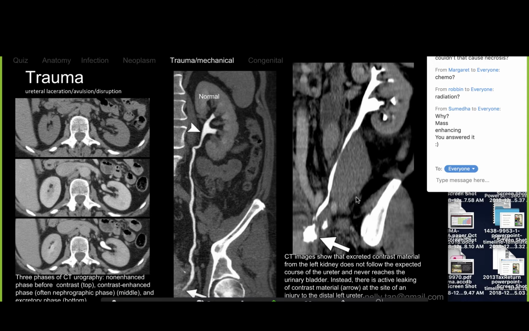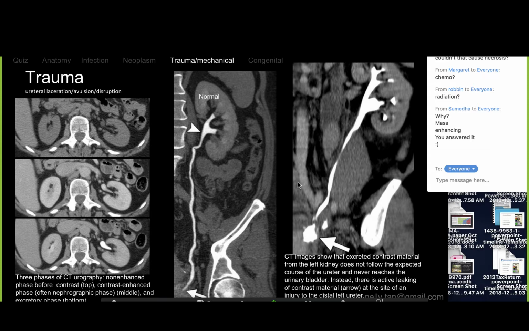They inject contrast once, and then again, and then a third time later, so that they get an arterial, a venous, and an excretory phase all acquired at the same time. That way, they can rule out arterial bleed on the arterial phase, look at parenchymal injury on the venous phase, and look at ureteral injuries on the excretory phase.